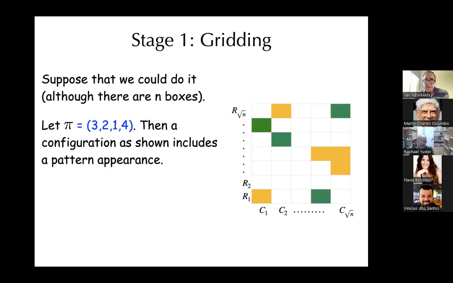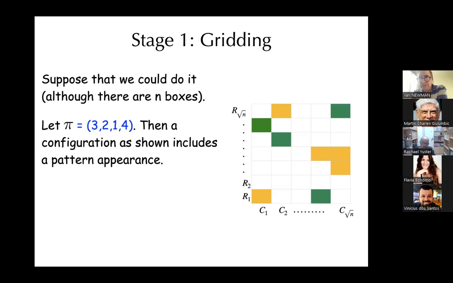Okay, and recall that I'm going to concentrate on this pattern 3214. So if somebody showed me this picture, without having the actual points of the function, I could already reject and say, this function is certainly not 3214-free.